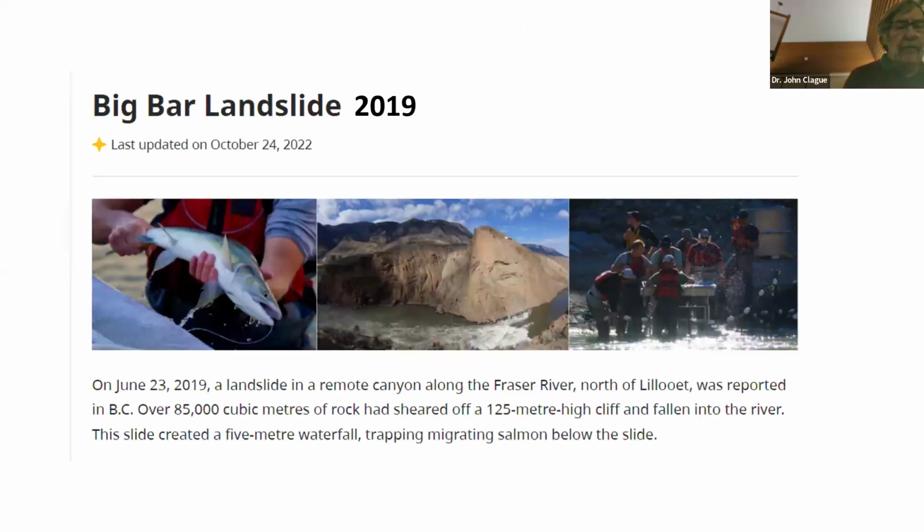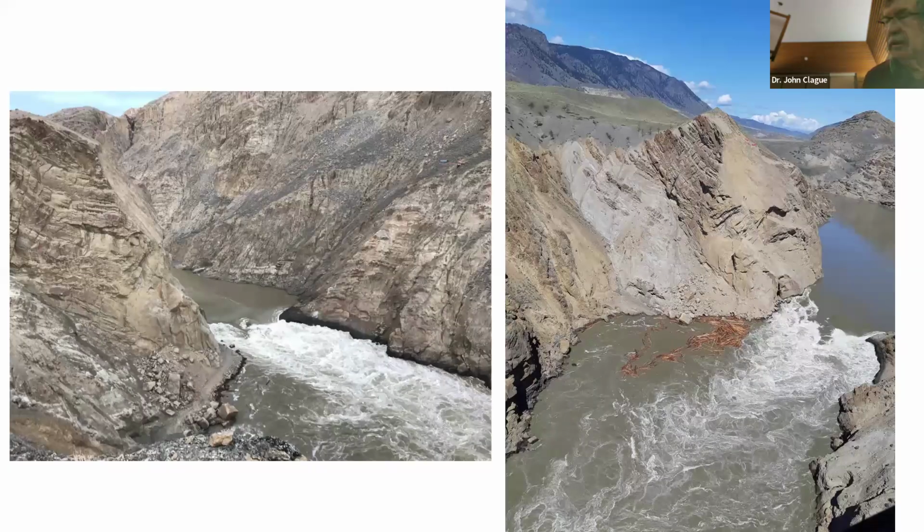And then moving very close to the present, we had a small landslide along the Fraser River, a place called Big Bar. And I think you probably remember this one. It happened in 2019. This is an image of where it occurred.